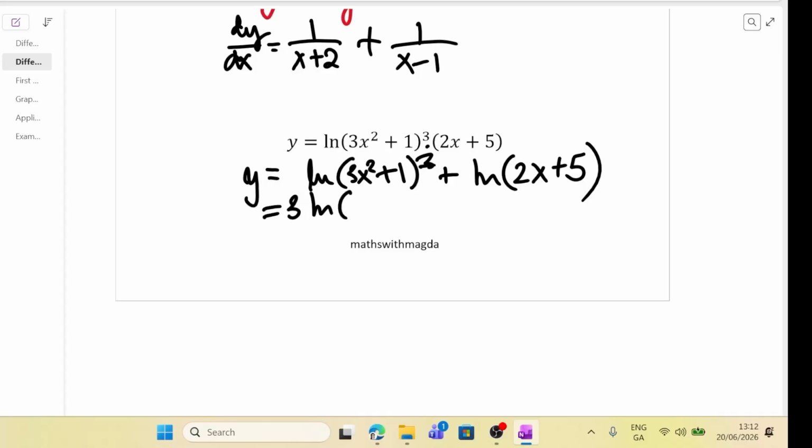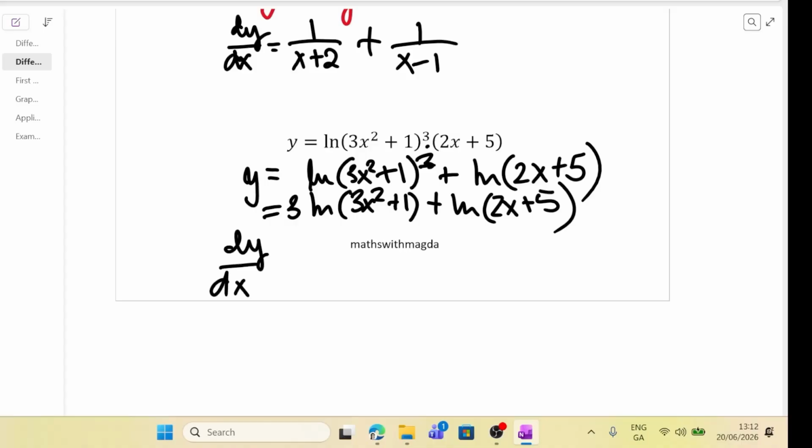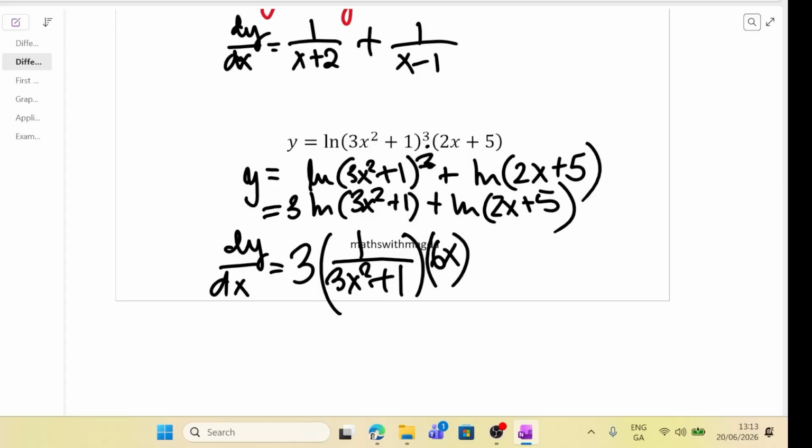So then I get something like this plus ln of 2x plus 5, and now the derivative of this function will be just 3 times 1 over 3x squared plus 1, and then the derivative of the inside is 6x, plus 1 over 2x plus 5, and then the derivative of the inside is just 2.